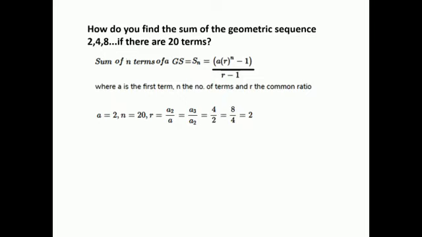No need to check all the numbers. Only one number divided by another, finish. Now give the values here: 2 times 2 power 20 minus 1, divided by 2 minus 1. By calculating, you will get this number. It's a big number because the sequence is going higher and higher.